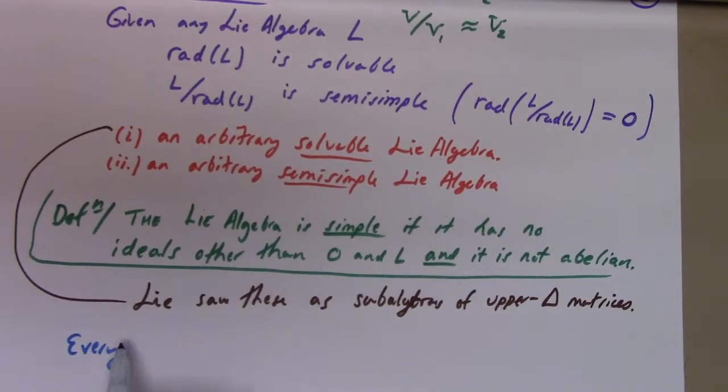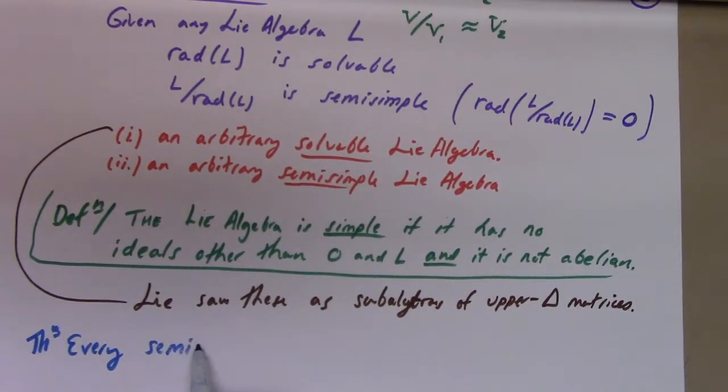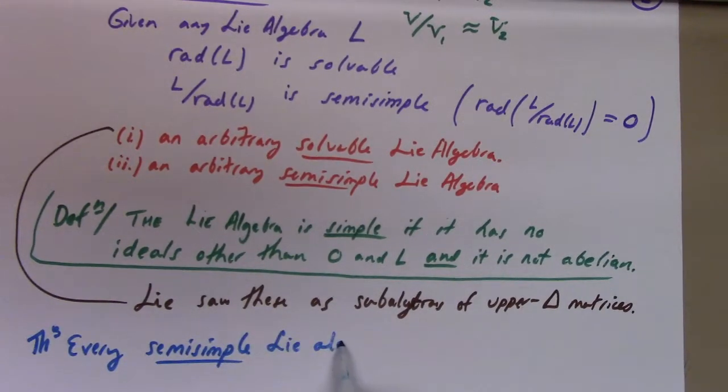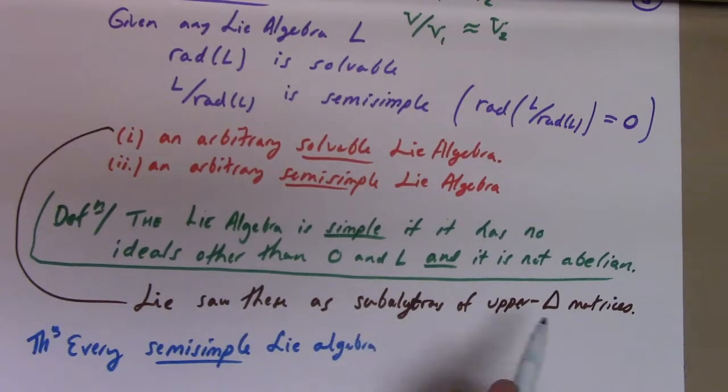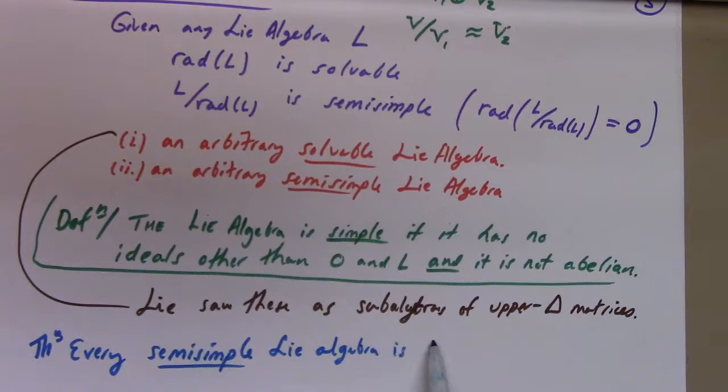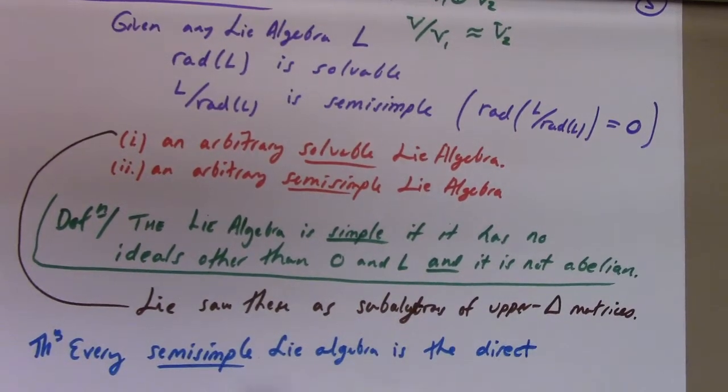Here's the theorem: every semi-simple Lie algebra is the direct sum of simple Lie algebras, direct sum in the sense of linear algebra.